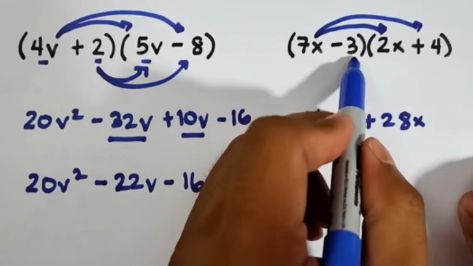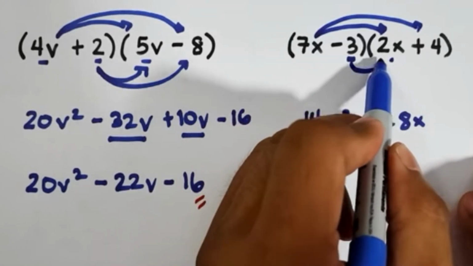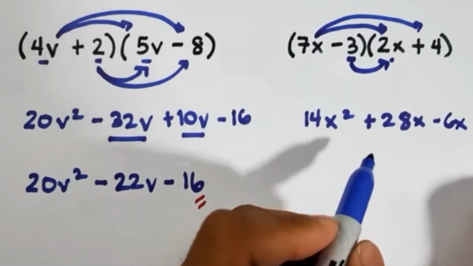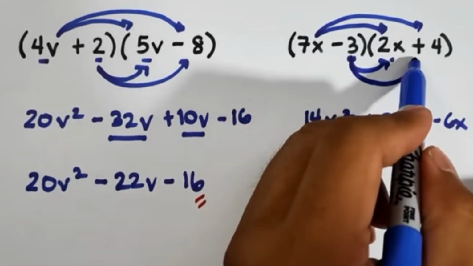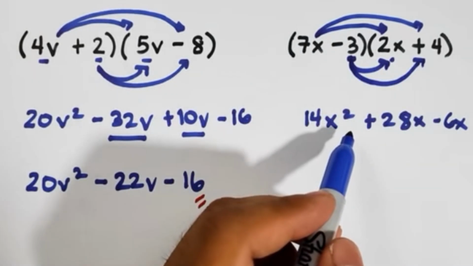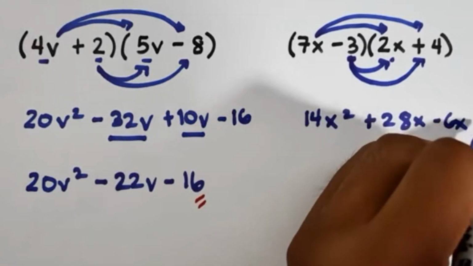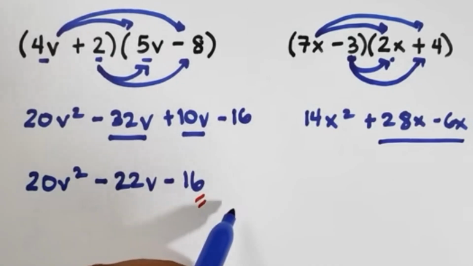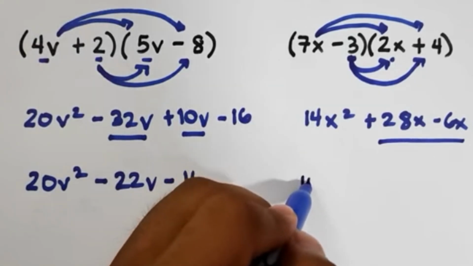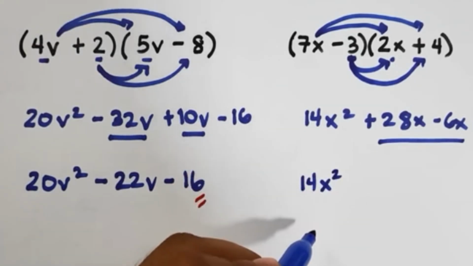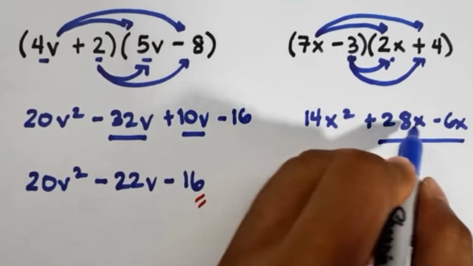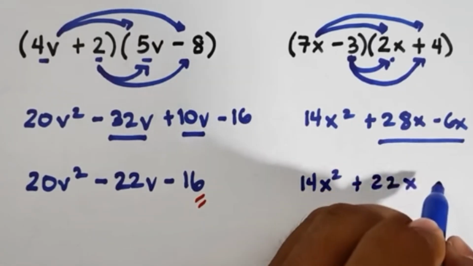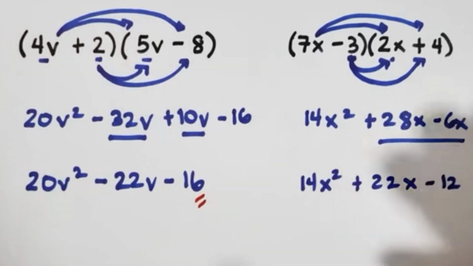Next, negative 3 times 2x. That is negative 6x. Last one. Negative 3 times 4, since different signs, that is negative or minus 12. Combine these middle terms. We have 14x squared plus 22x, then minus 12.